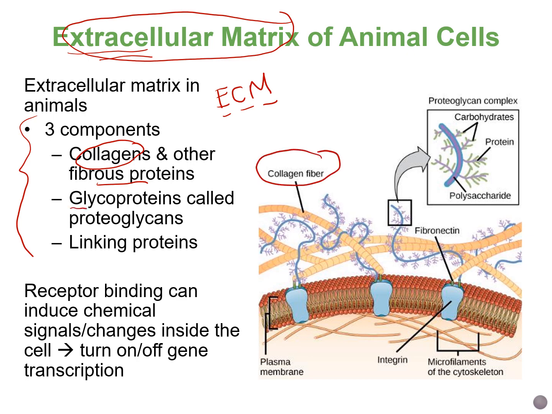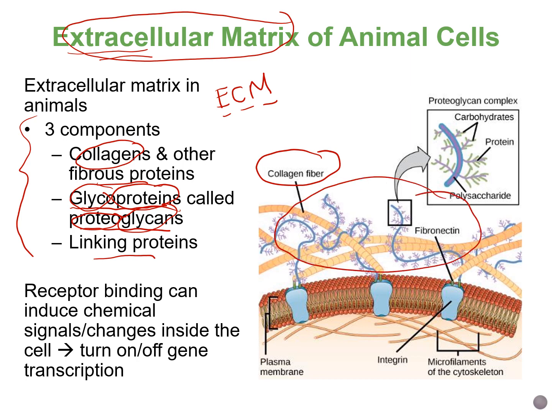We have glycoproteins, and proteoglycans, which are almost the same thing in the opposite order, a protein-sugar complex. And then we have proteins that link them together, connecting everything together.